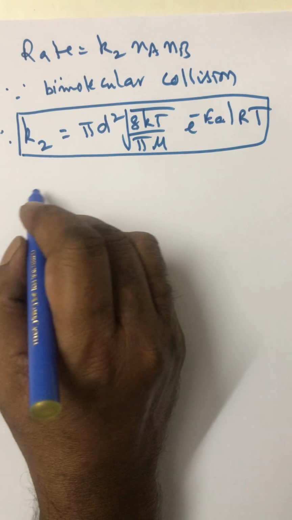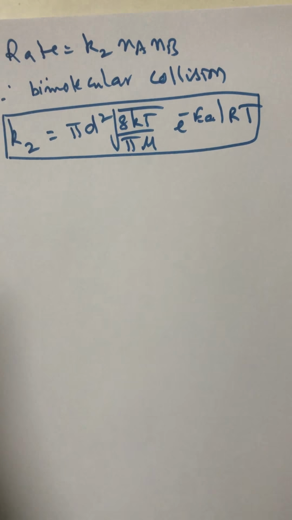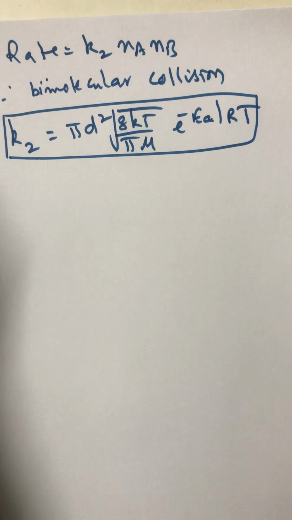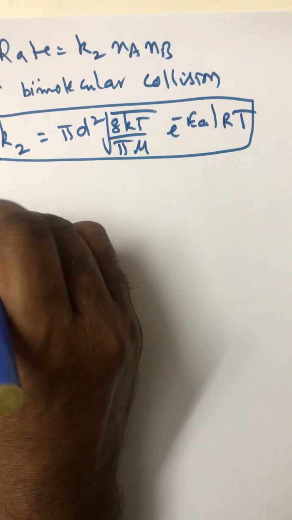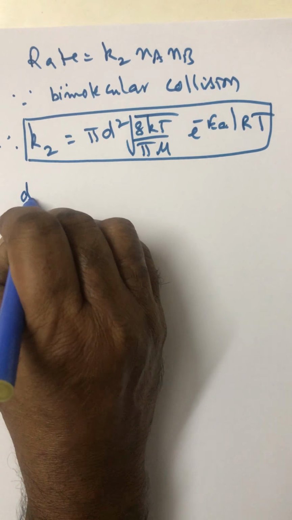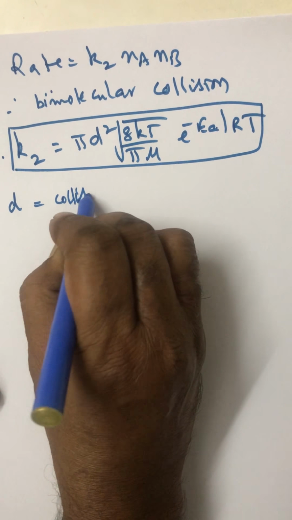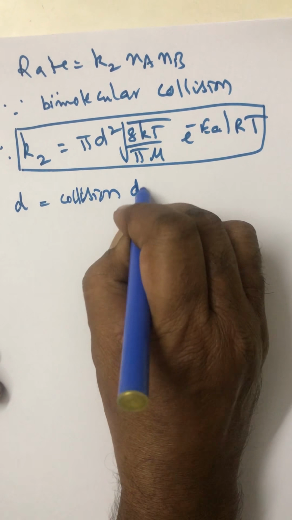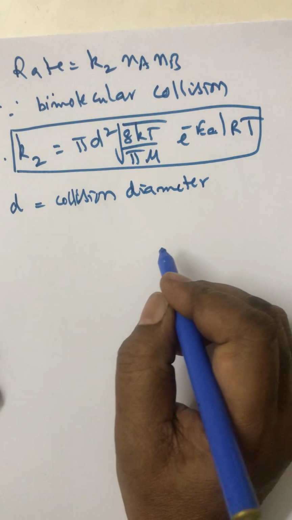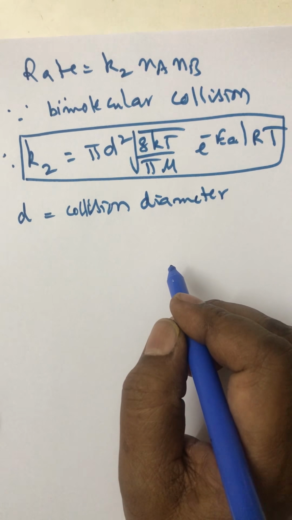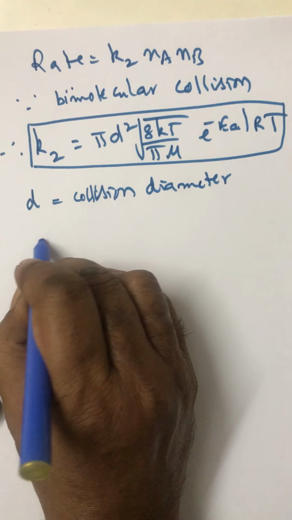So this collision diameter d can be readily calculated using molecular diameter derived from the viscosity data.